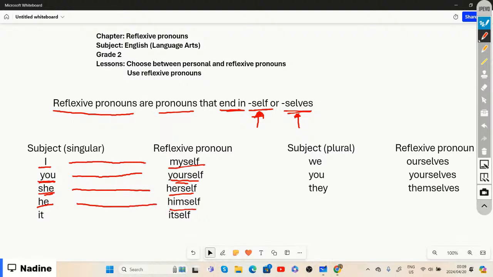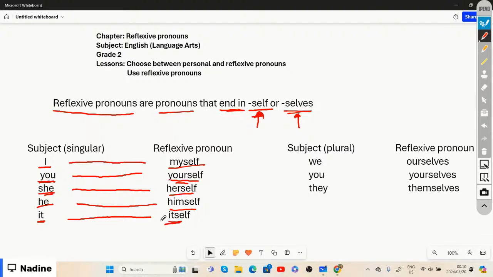And lastly, if our singular subject is it, the reflexive pronoun is itself.